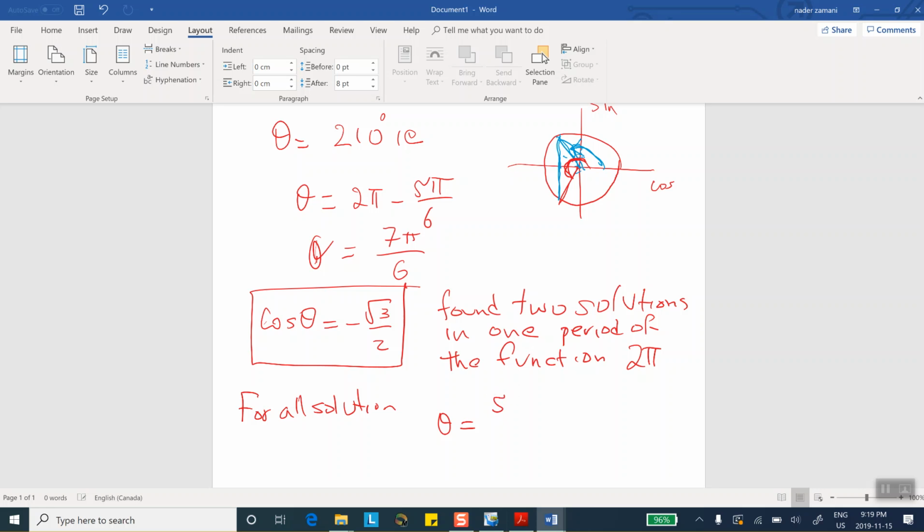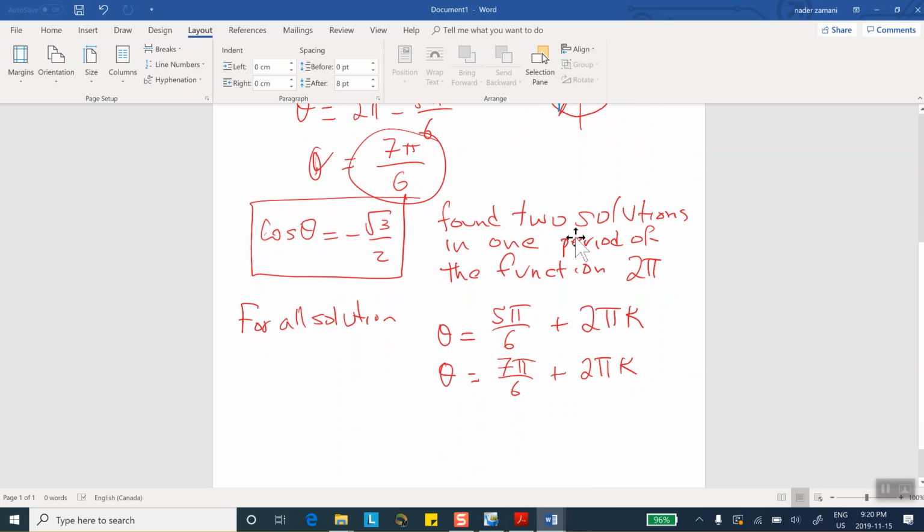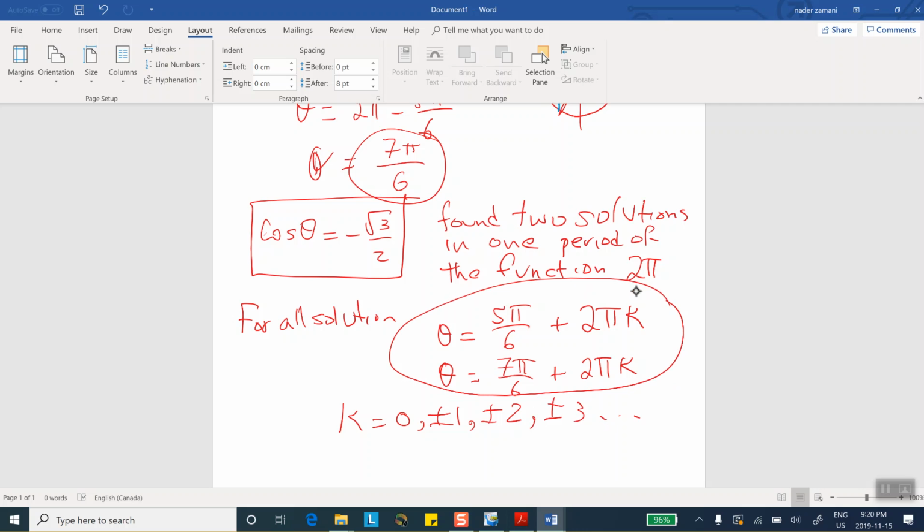It was 5 pi over 6, correct? 5 pi over 6 plus 2 pi k, and theta equal to 7 pi over 6 plus 2 pi k, where k is any positive or negative integer. k equal to 0, plus or minus 1, plus or minus 2, plus or minus 3, etc. So this is all the solutions.